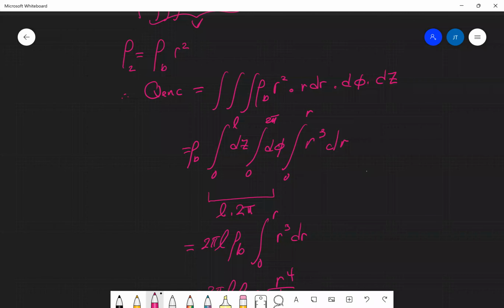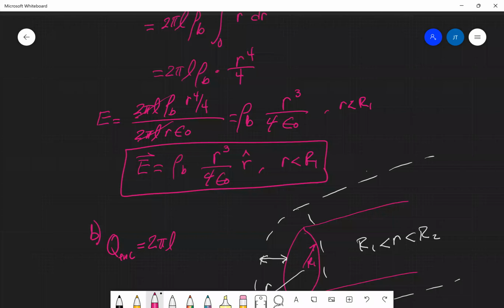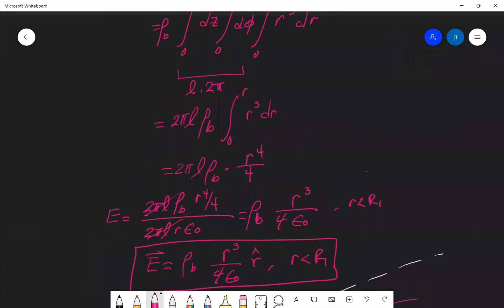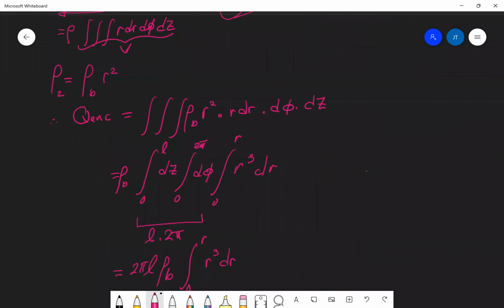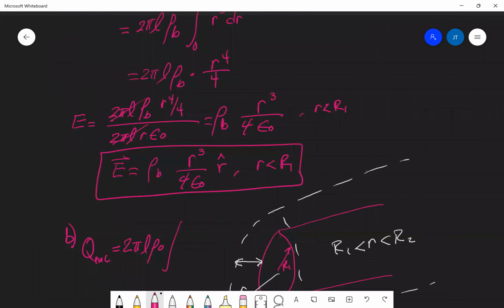So it's going to be rho b 2 pi L, and I'm going to have here the integral of r cubed dr from 0 to R1.